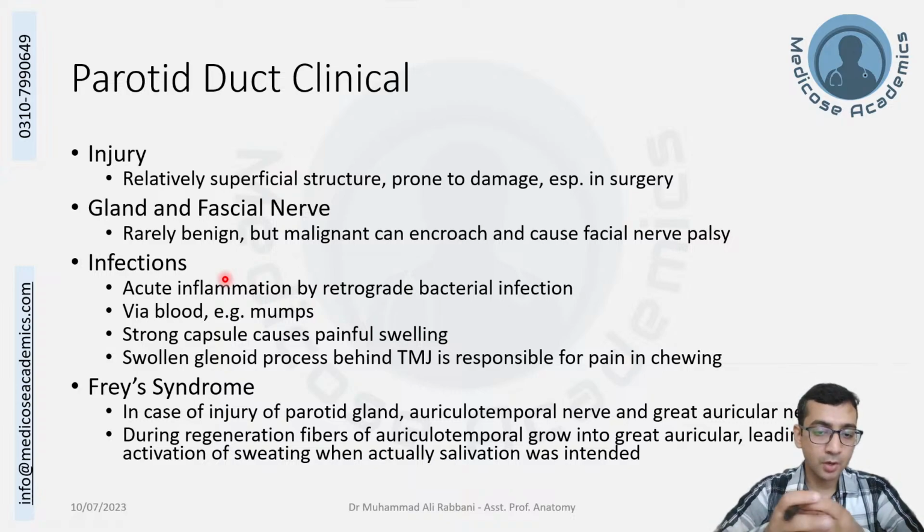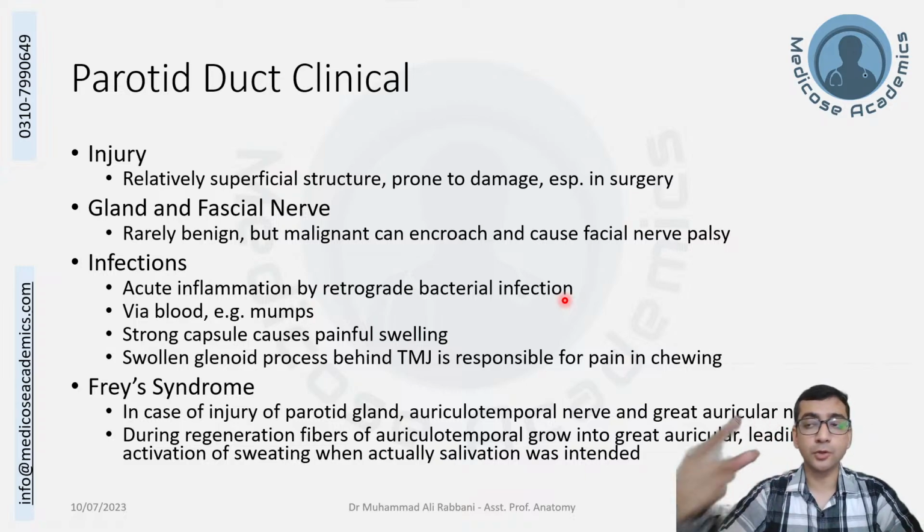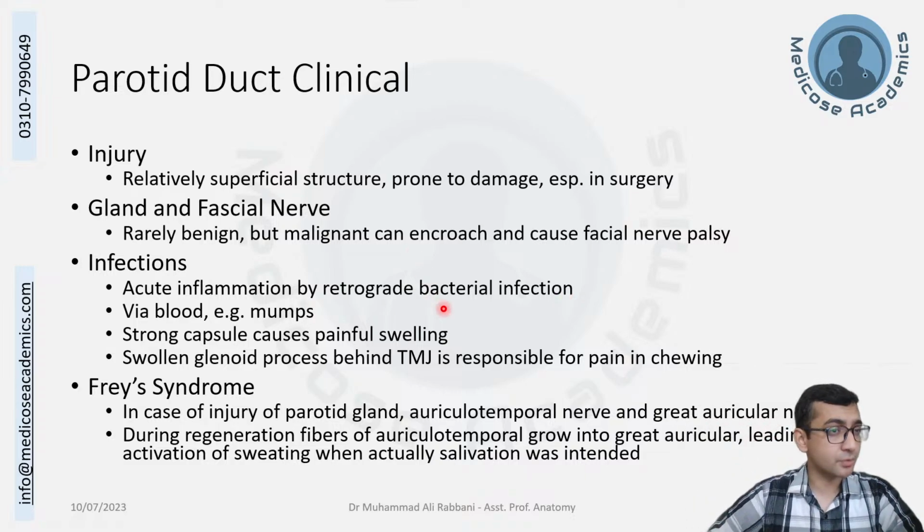It leads to very painful swelling, as the parotid gland swells, it gets tight and pressurized inside its capsule. It is present on the masseter, around the temporomandibular joint. So any movement for talking and chewing will lead to excruciating pain, and these pains are carried by the greater auricular nerve. And then there is Frey's syndrome.